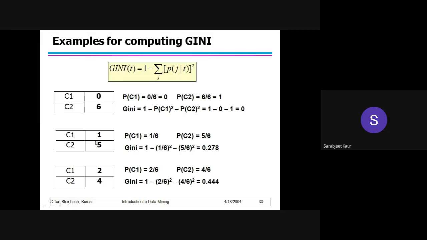And similarly, the computation for this would be, C1's probability would be 1 by 6 and C2's probability would be 5 by 6. So the Gini would be 1 minus (1 by 6) whole square minus (5 by 6) whole square, and this comes out similarly for this. Any problem up till here?